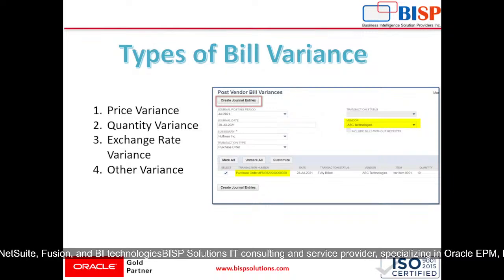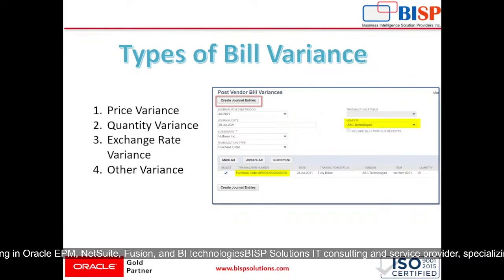Other variances include shipping, handling, or any additional charges that were not included in the purchase order but appear on the vendor bill. So these are the types of bill variances.